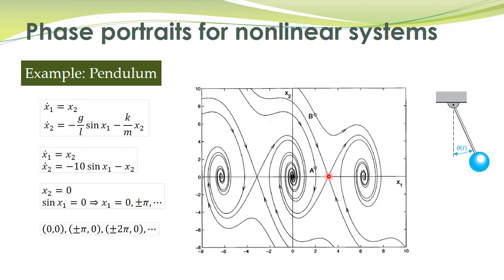What is this equilibrium point physically? Upright position. For all other initial conditions, the trajectories will converge to this equilibrium point or to this one, and the other equilibrium point. So for certain initial conditions which lie on this line and on this line, the trajectories converge to this equilibrium point. For all other initial conditions, the trajectories will converge to some other equilibrium points.